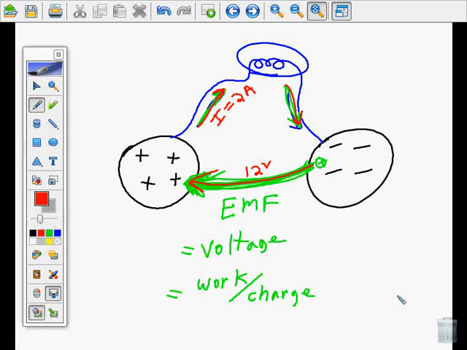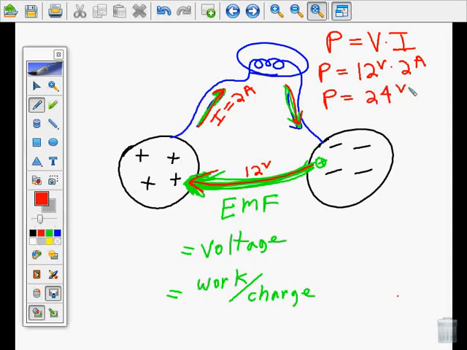You may ask, hey, what's the power rating of that circuit? Or same question, what's the rate at which the work is being done? No problem. P equals V times I. P equals 12 volts times 2 amperes. P equals 24 volts times amperes.